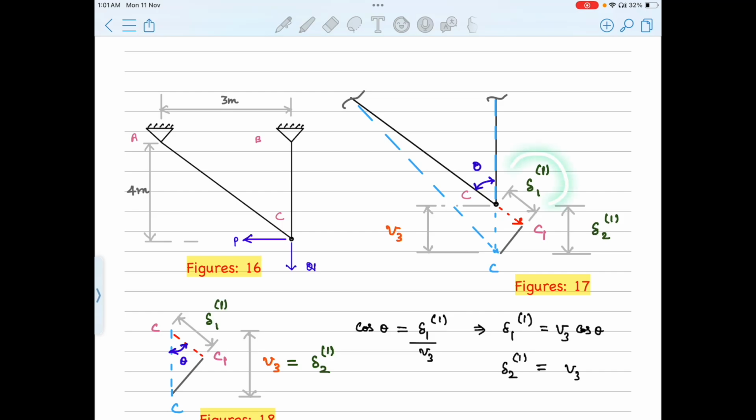Okay. If we know this delta 1,1, we can go up to this and then draw a perpendicular line at the end of the elongated line AC. This is same as drawing what? Drawing an arc as we know. We do the same with delta 2,1, but as this is already vertical, drawing a perpendicular line at the end is needless.